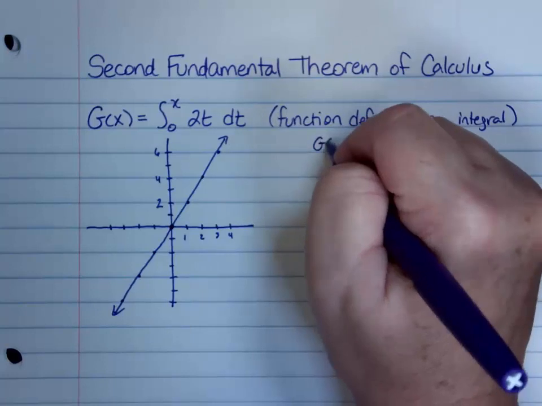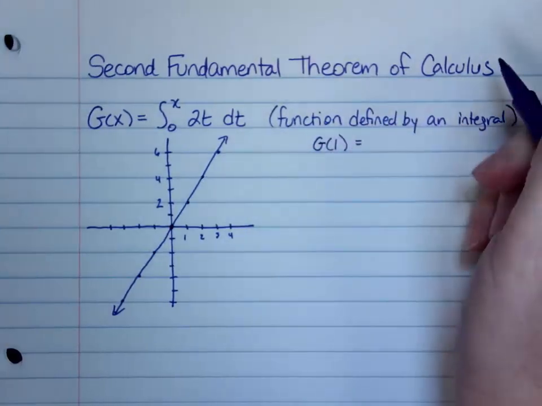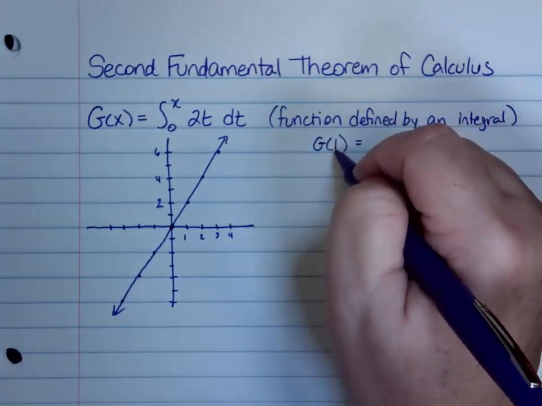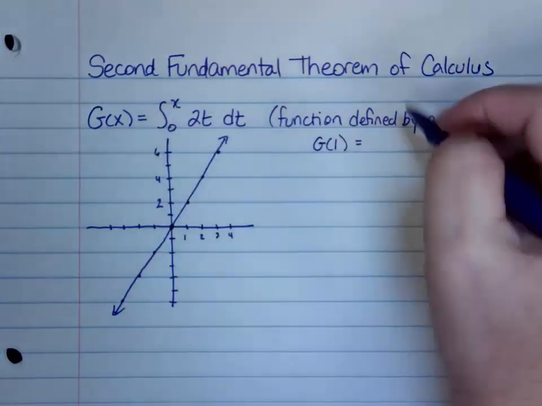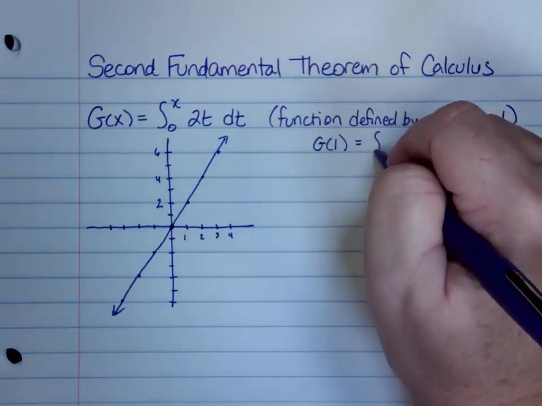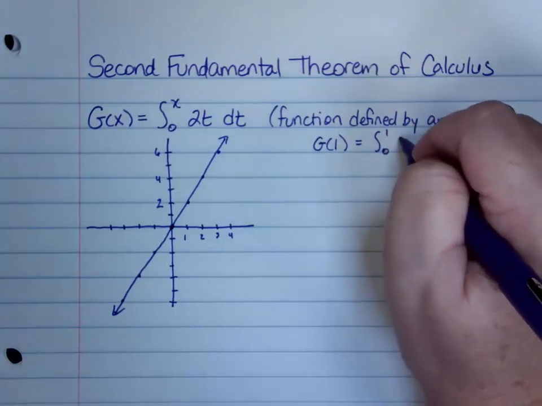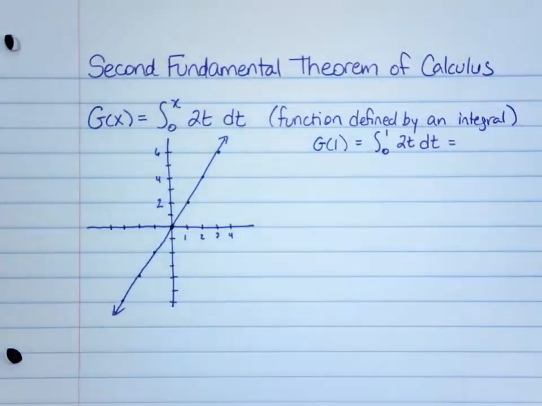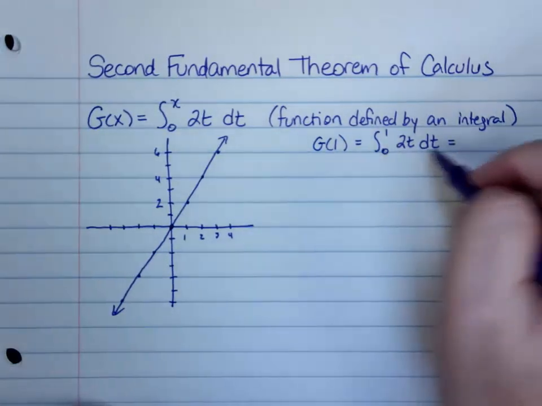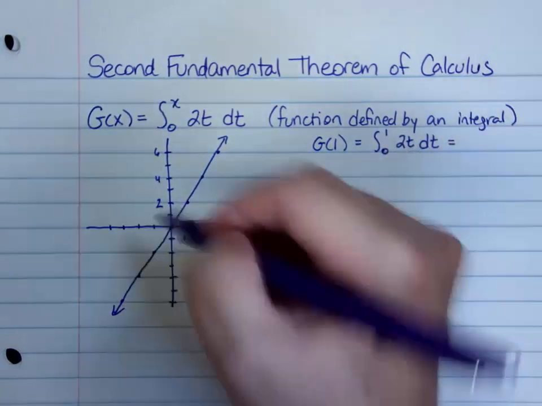So first of all, g of 1 means that I plug a 1 into the x of the integral. So g of 1 is the integral from 0 to 1 of 2t dt. Because this is going to make geometric shapes, we're going to look at this from a geometry perspective. Okay? So I want to know what is the area from 0 to 1 under my line.